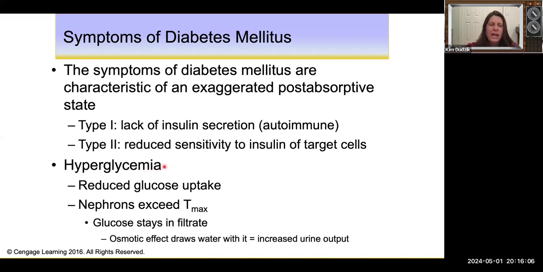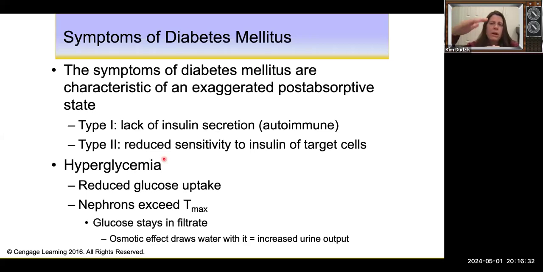With hyper meaning a lot, and glycemia, glucose in the blood, that's going to eventually get filtered by the kidney. And remember, with a regulated amount of glucose in the blood plasma, the kidney is able to handle that amount of glucose, and the nephron will reabsorb all of the glucose filtered back into the bloodstream at the proximal convoluted tubule.